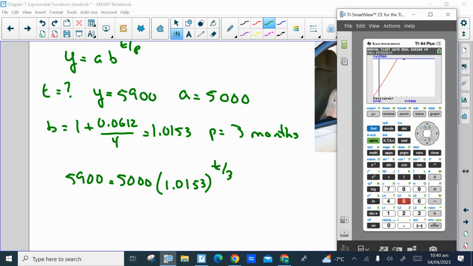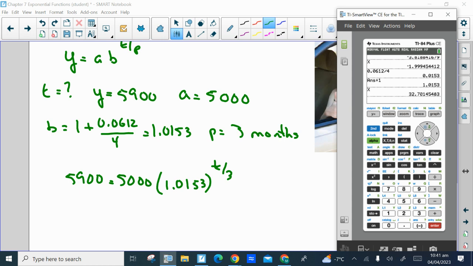Second function trace, number 5 for intersect, enter, enter, enter. So it's 32.7. Which no matter what, you'd have to round up. Even if it was 32.2, if you rounded it down to 32, Christina would not have the $5,900 that she needs.